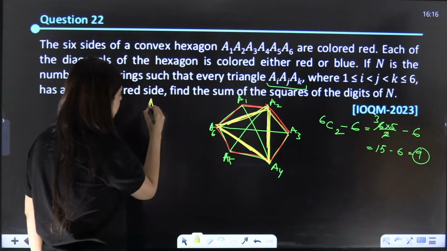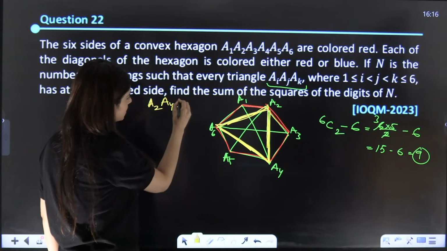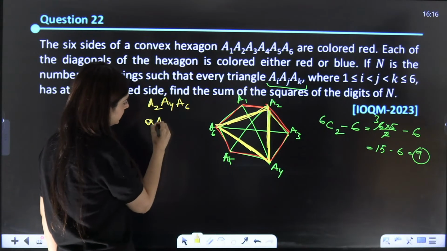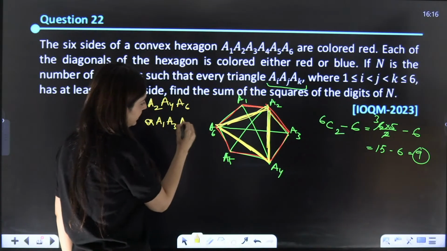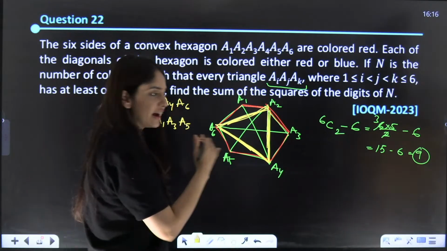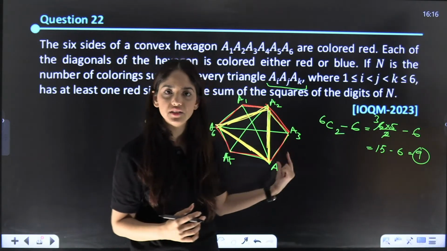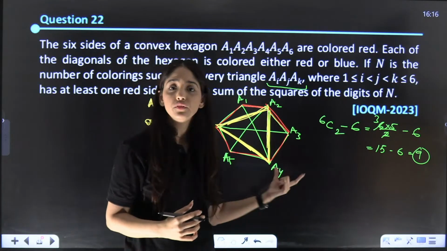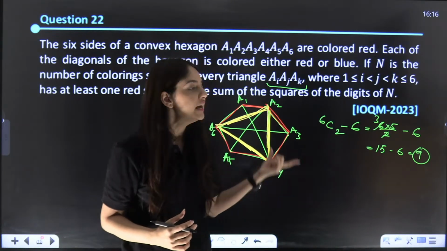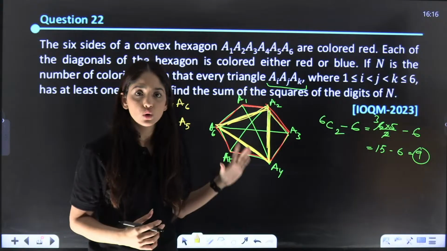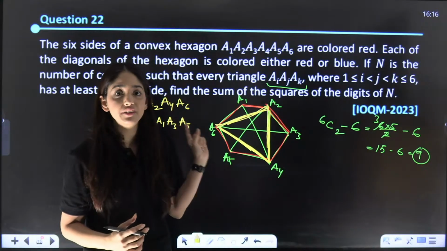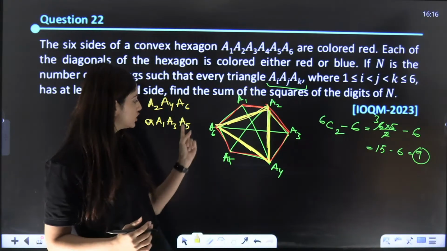So it will either be A2, A4, A6 or A1, A3, A5. All the rest will have adjacent sides, right? Will have at least one of these sides. Adjacent vertices, basically at least one of these sides. So the only 2 triangles now we haven't taken care of is these 2.